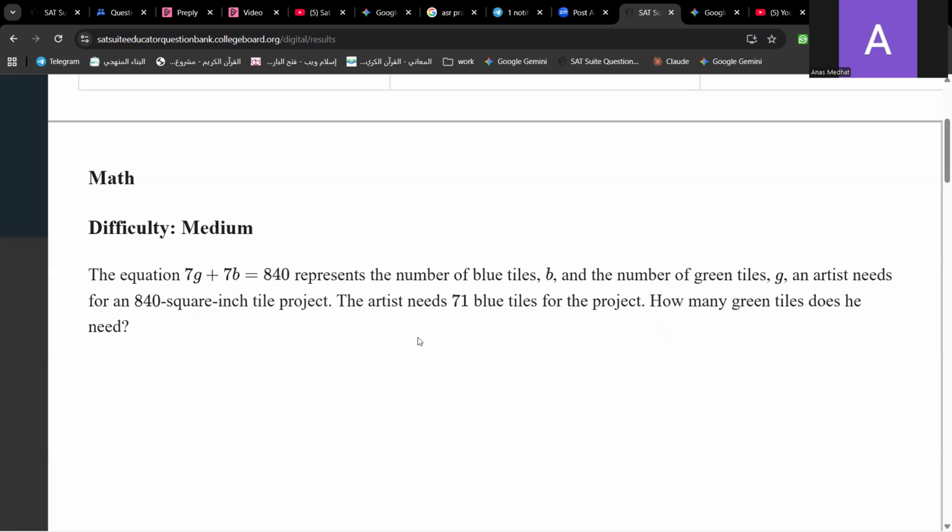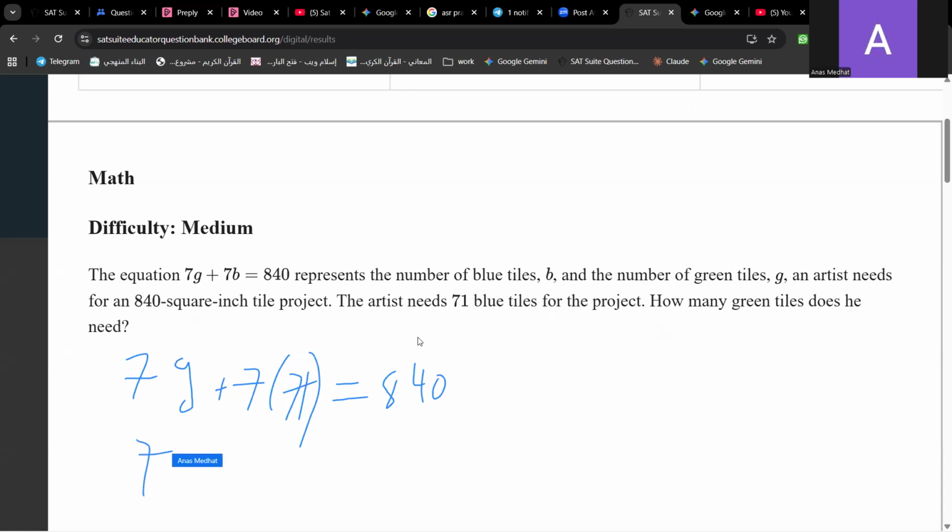Let's substitute and solve. 7g plus 7 times 71 equals 840. 7 times 71 is 497.